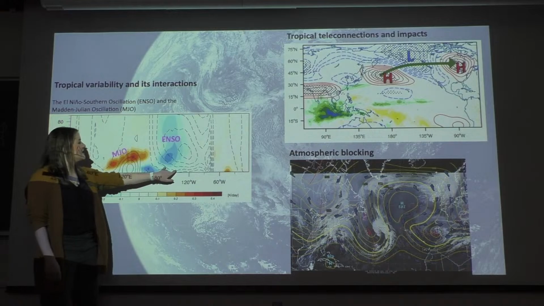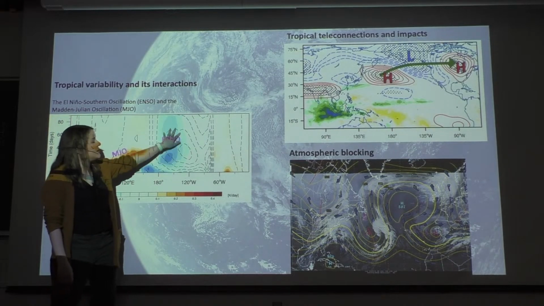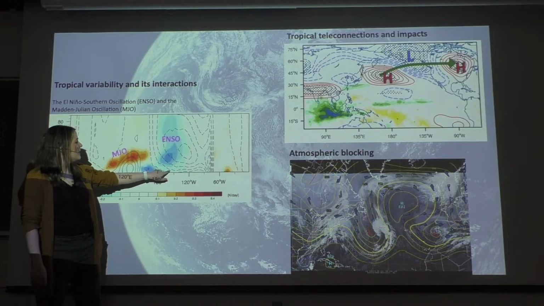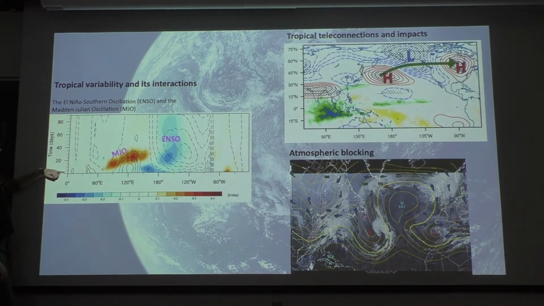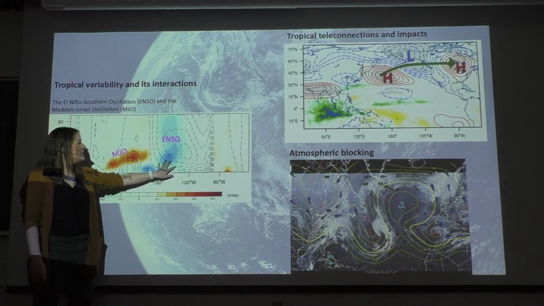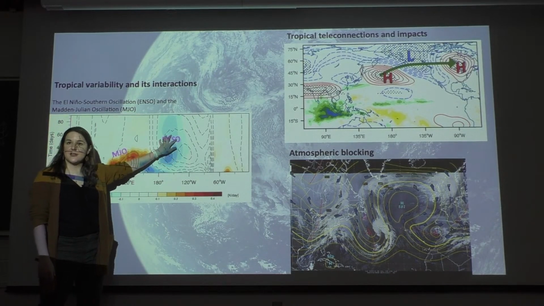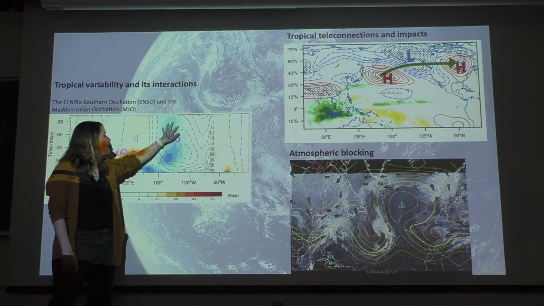Here we have El Nino Southern Oscillation, during a La Nina event. You can see that throughout the entire 90-day period in this figure, the La Nina event changes in amplitude, but it's fairly stationary, right? It stays in the same place.